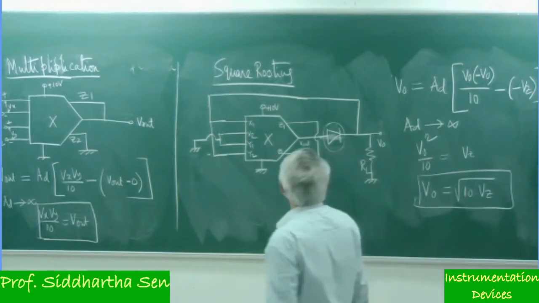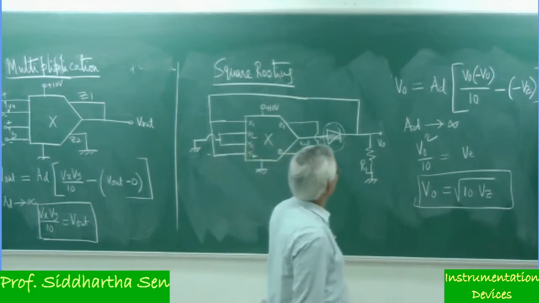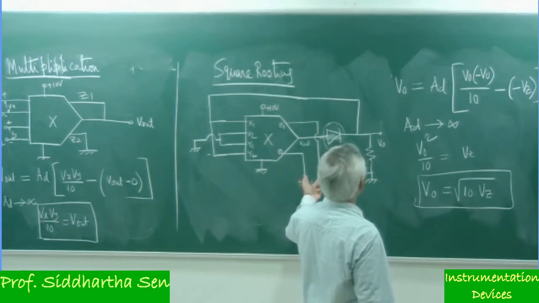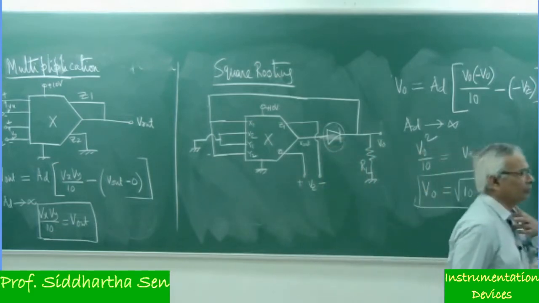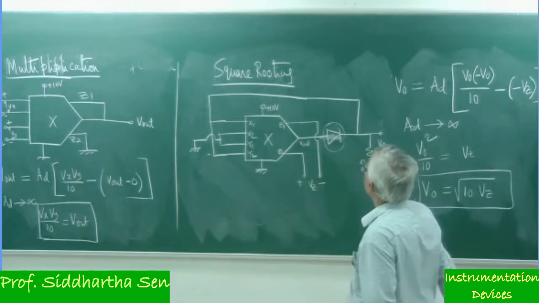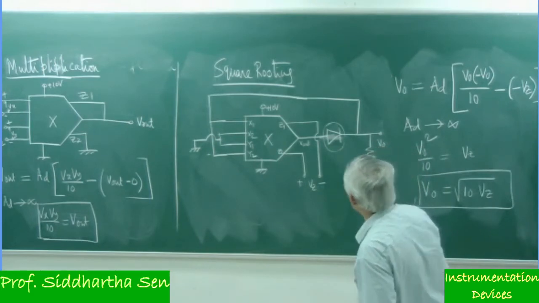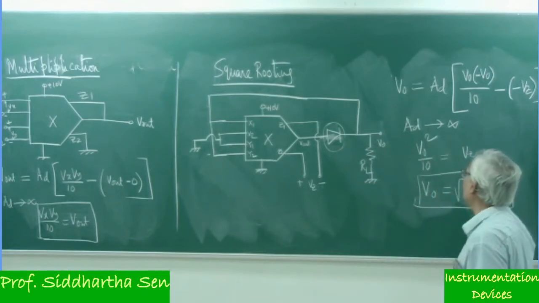This is because, suppose by mistake I connect a voltage of opposite polarity, then we are asking for an output which is a square root of a negative number.